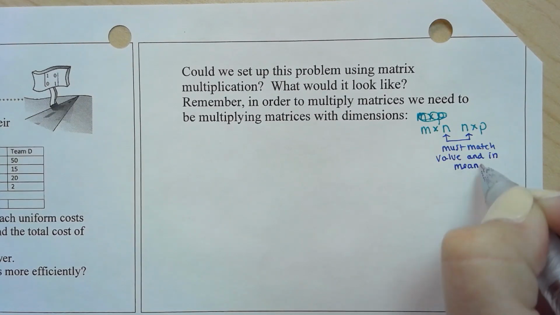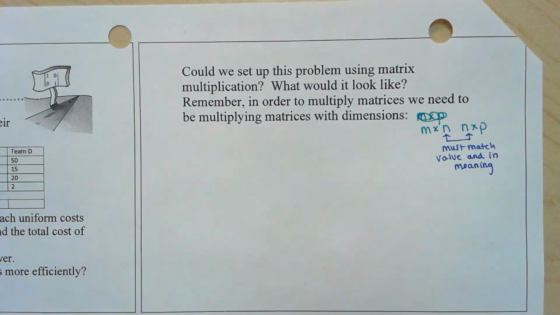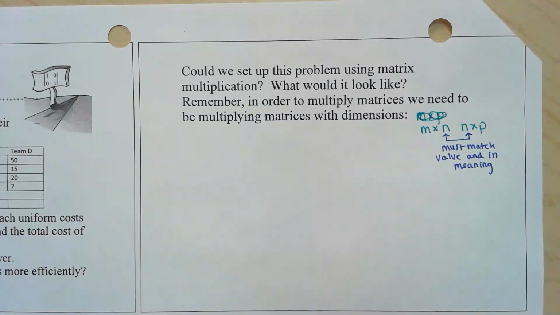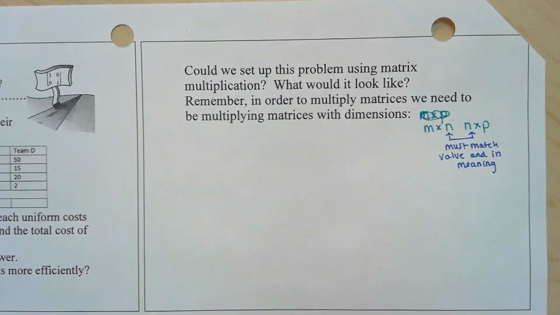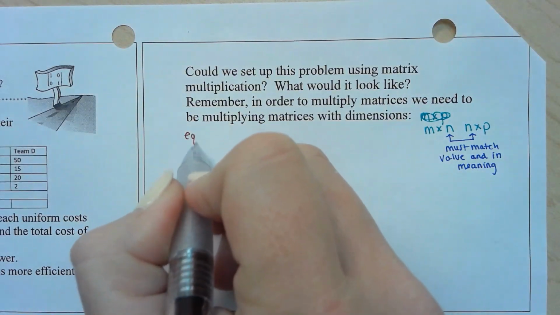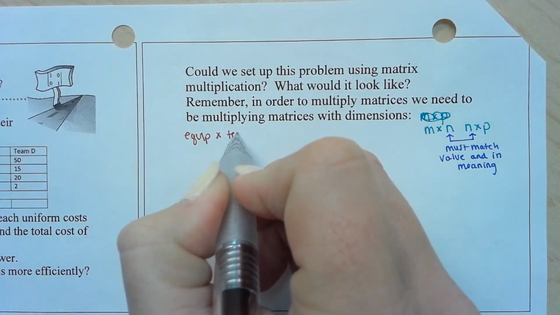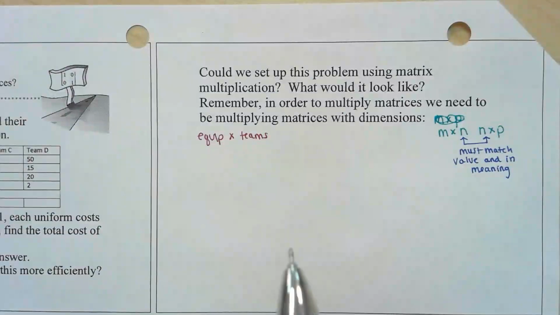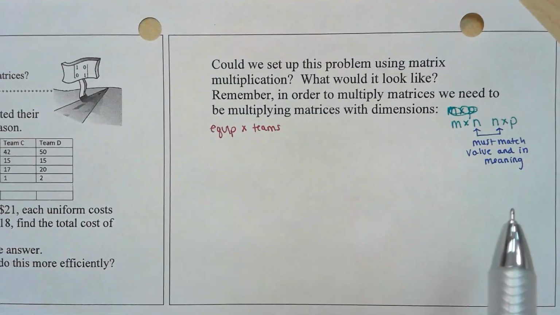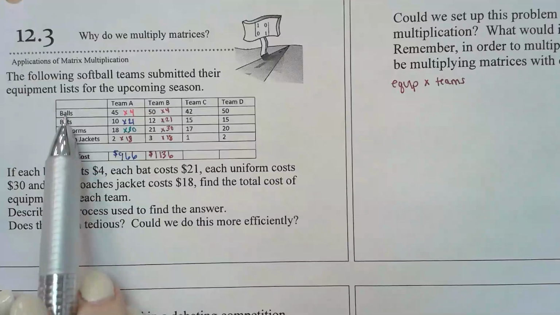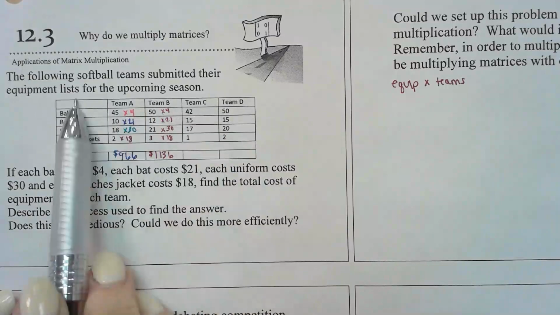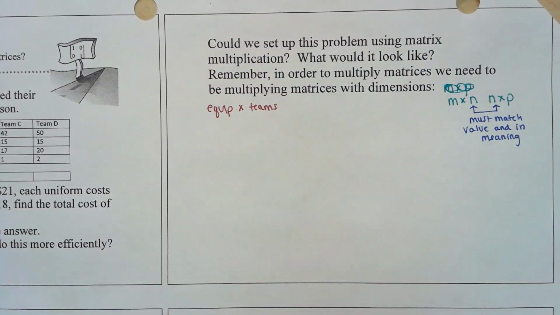I'll explain what I mean in a second. So let's think about the information that we have. On the left, we have types of equipment versus teams. If we wanted to write a matrix, we could do equipment down the side and teams across the top like we've done here. This would be a 4 by 4 because it's 4 types of equipment and 4 teams. So it's equipment by teams.